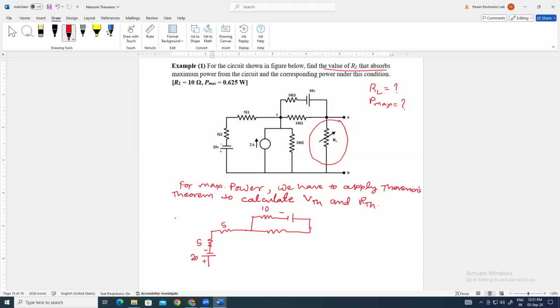This is 10. This is minus 10, 10 volt, 10 ohm. And from here there is a current source.